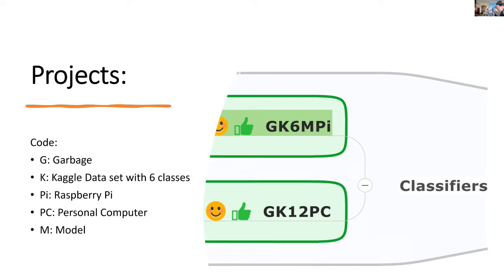The PI stands for Pi, or Raspberry Pi, the G for garbage, the K where it came from. K6 is 6 classes from the Kaggle set. And it's a good idea to make sure that you use a coding scheme for your data set so you don't confuse those.